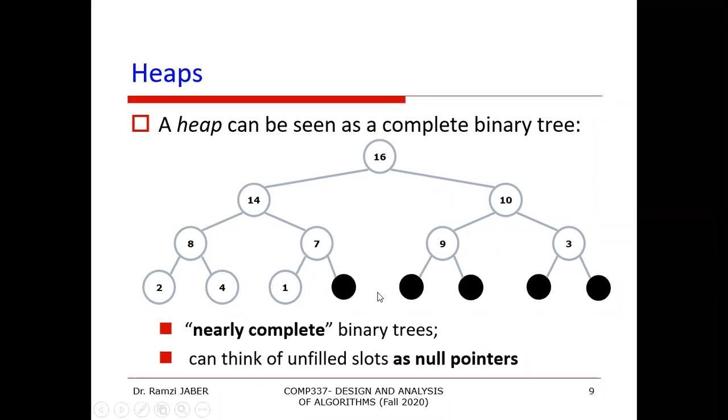We assume these missing children are null pointers. Okay, we assume the missing, incomplete children are null pointers, to name this heap binary tree as complete or nearly complete. Else we cannot solve any problem if it's not complete. So we assume it's complete and then we assume the solution.